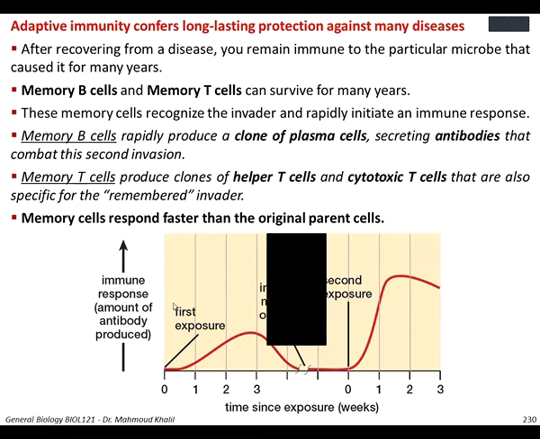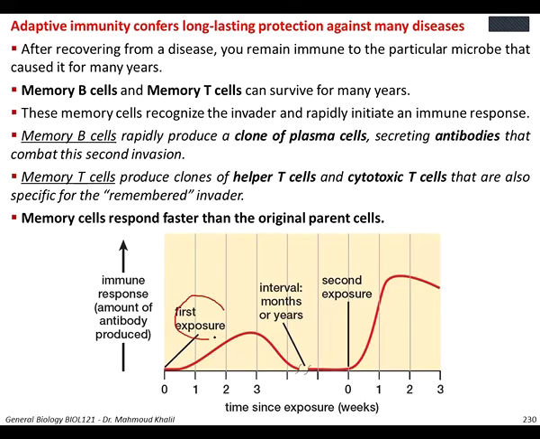At the first exposure, there is an increase in immune response until it finishes combating the invader, and then the immune response retreats. But upon a second exposure, the magnitude of the immune response will be much higher and larger to fight, and this is owed to the presence of the memory B cells and T cells.